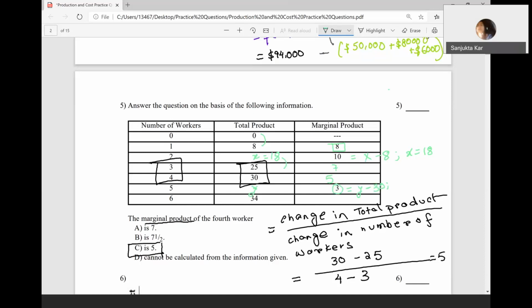That means y is equal to 33. So this one's 33. And if we say this number is z, z is equal to 34 minus 33. This one is equal to 1.